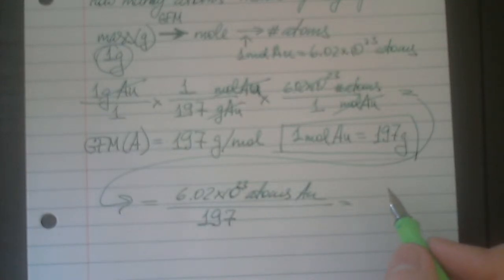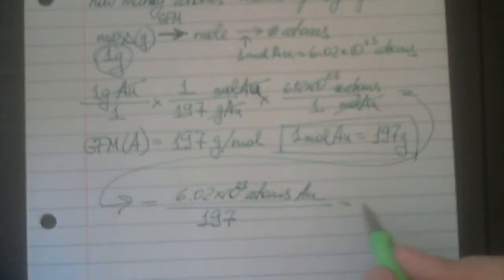Let's see my calculation, 6.02 divided by 197, 0.03 times 10 to the power of 23.